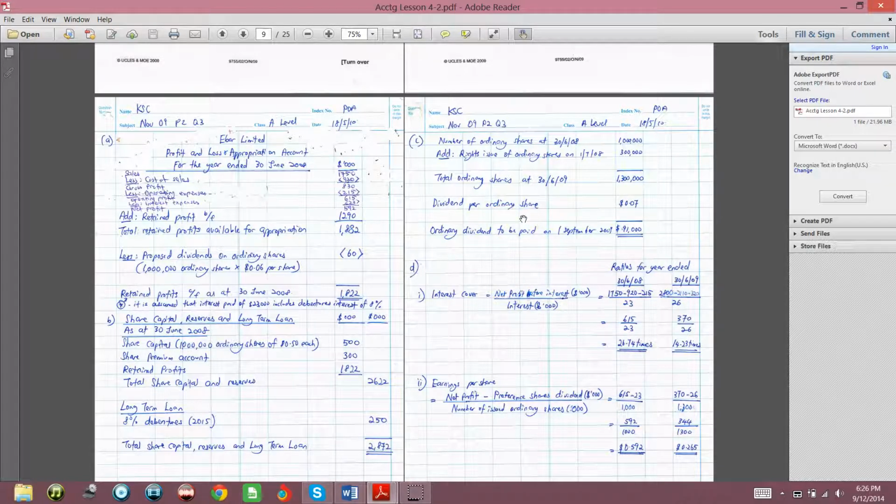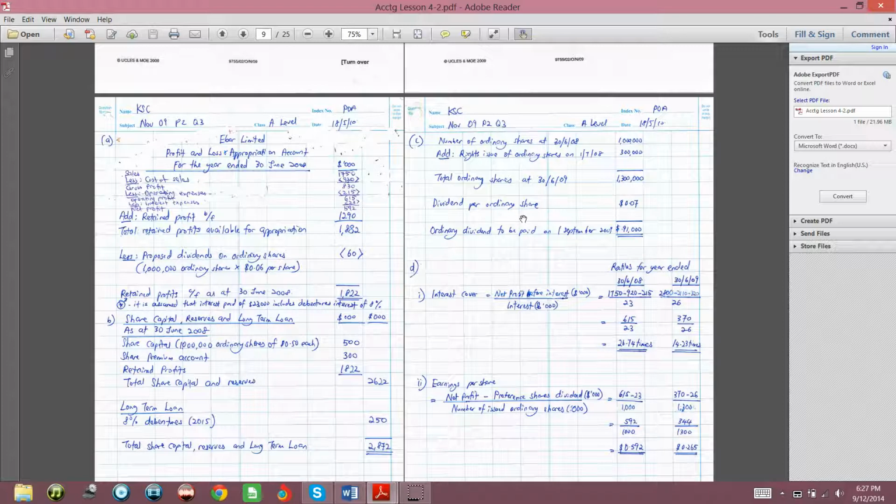In order to calculate the ordinary dividend, what is given in the question? The shareholders approve a dividend on ordinary shares for 30 June 2009 of 7 cents per share to be paid on 1 September 2009.